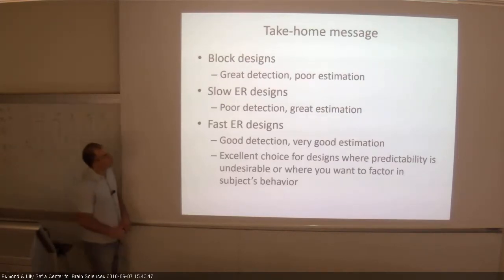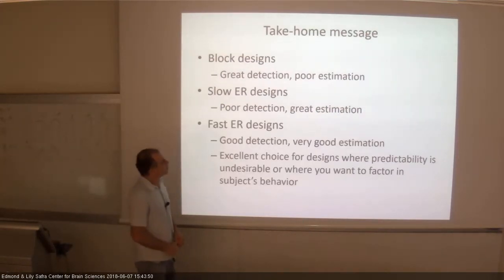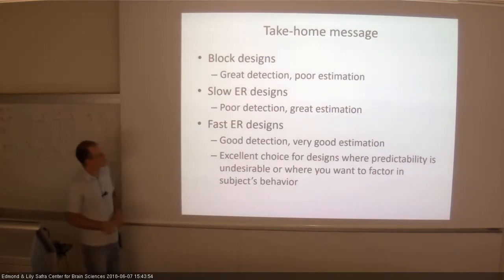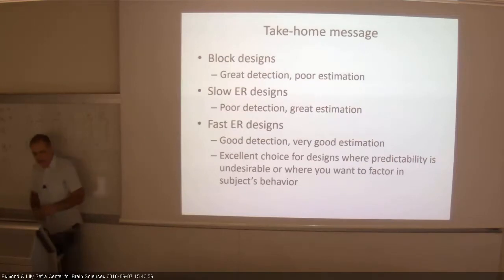And to sum up, block designs are great for detection, poor for estimating the response itself. Slow event-related designs are poor for detection because we have less data, but they're great for estimation. And fast event-related designs have basically good detection, also pretty good estimation.